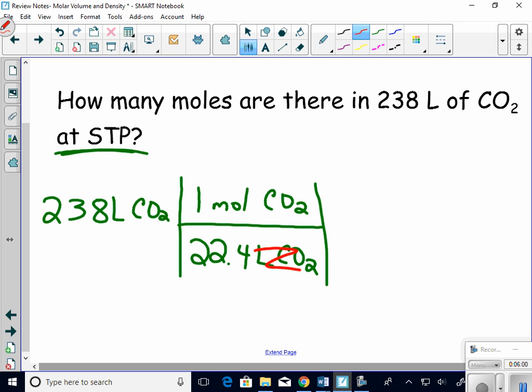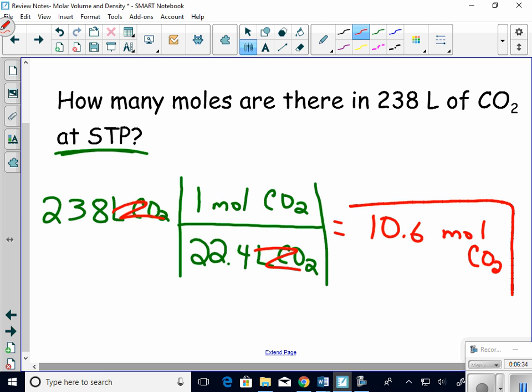My liters both cancel, and my final answer is going to be moles of carbon dioxide. So I take the 238 and divide that by 22.4. And when I do so, I get a value with 3 significant figures of 10.6 moles of carbon dioxide.